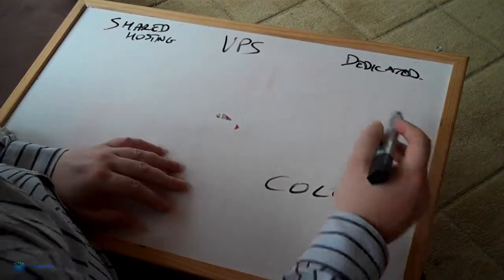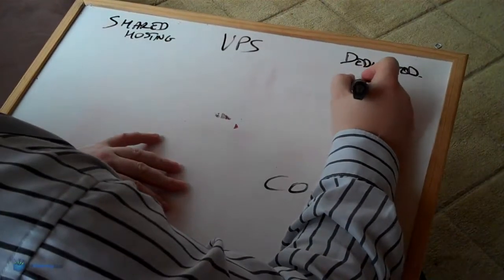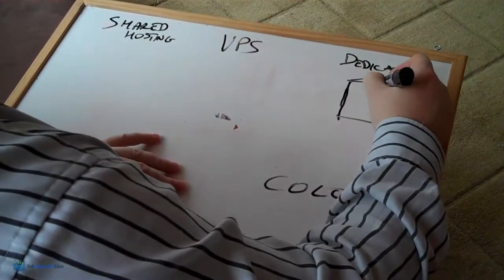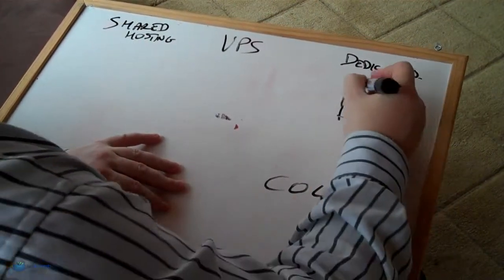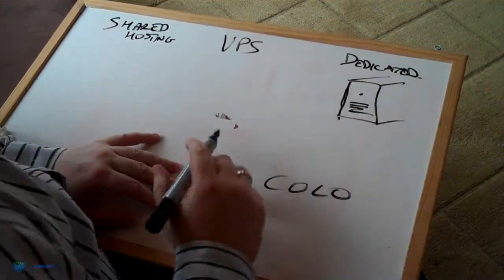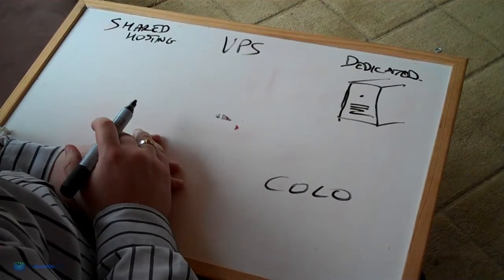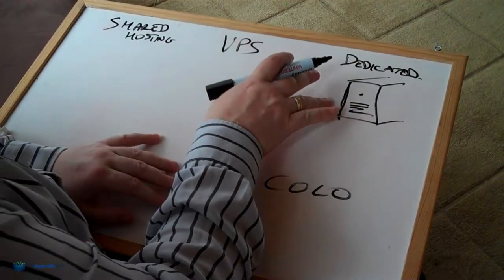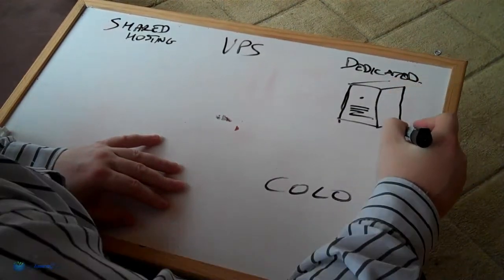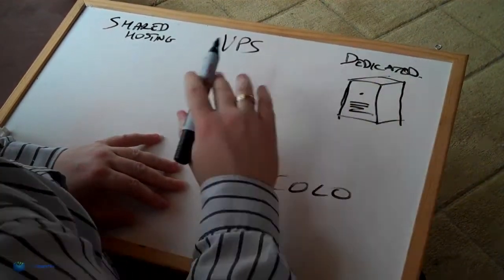So I'm going to start with dedicated, and I'm just going to draw a basic computer here. I'm not going to get any marks for my artistic skills, but you've got your PC. This dedicated machine is in a data center somewhere, and when you pay for dedicated hosting, you get an entire machine to yourself, and that's yours.